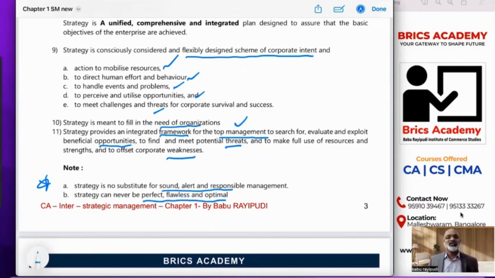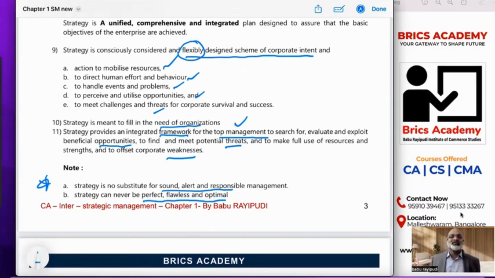So let's say this point, you see this point carefully. What is strategy? Strategy is all about flexibility. That means just because you have a strategy, don't try to be rigid. It has to be flexible. When I formulated strategy, if there are any changes happening because of which my strategy is not working, I must be able to change and adapt to the changes.